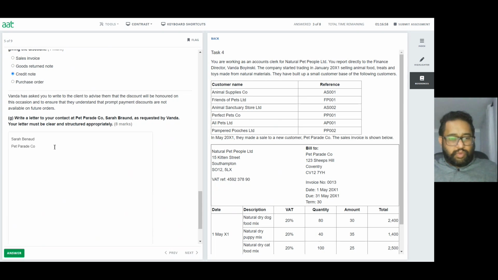And then we're going to say 123 Sheeps Hill, Coventry, CV12 7YH. And then here say, dear Sarah. And then you're going to say here a date.